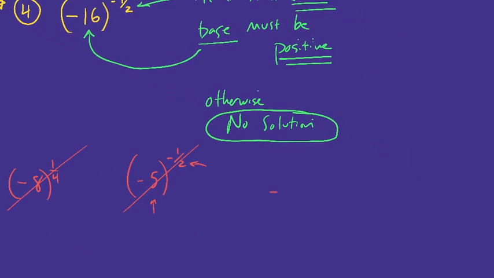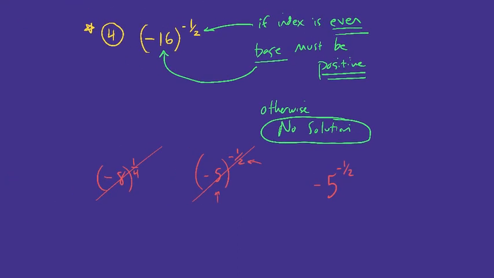I don't know if this will come up, but if you have something like negative 5 to the negative 1/2, over here on these other examples, we had the parentheses around those, so the negative was included as part of the base. Over here, the negative isn't in parentheses, so that means the base is just 5. So this one you wouldn't say no solution, you just work on it like normal. But I think they'll just give you examples like number 4, like that one and that one.